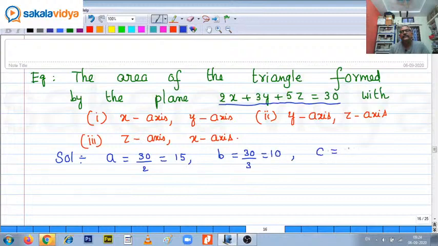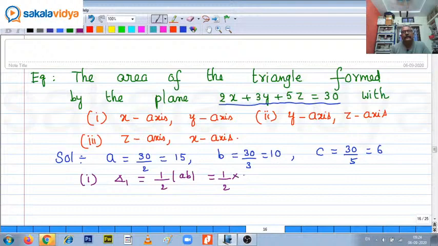C, z-intercept, 30 upon 5 is 6. Now the first one is delta 1, that is area of the triangle, half of mod AB, half multiplied by 15 into 10, that is 75 square units.